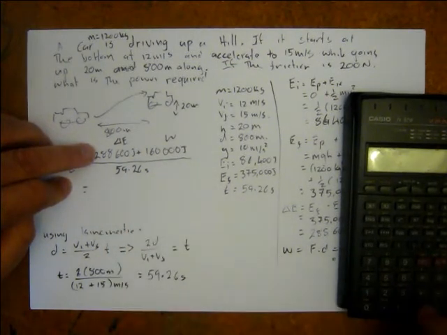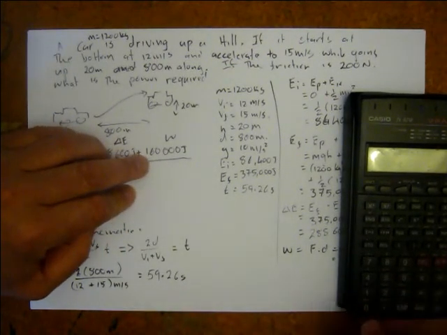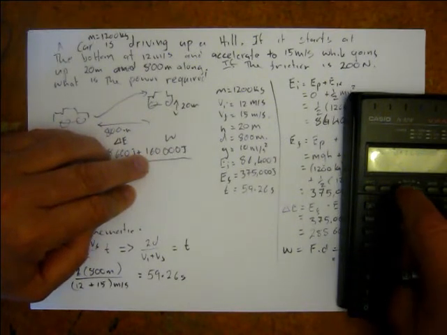So we go 288,600 change in energy plus the friction 160,000. Should put those in brackets, I suppose.